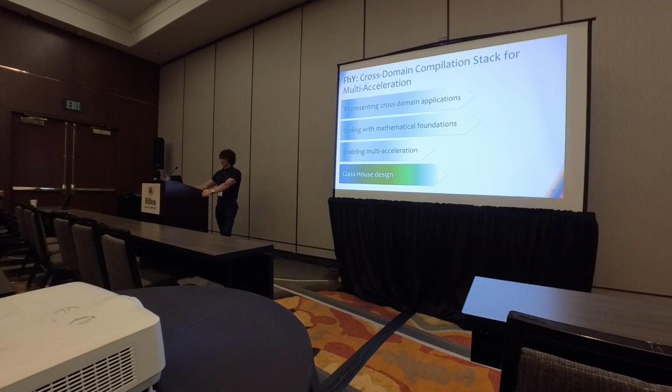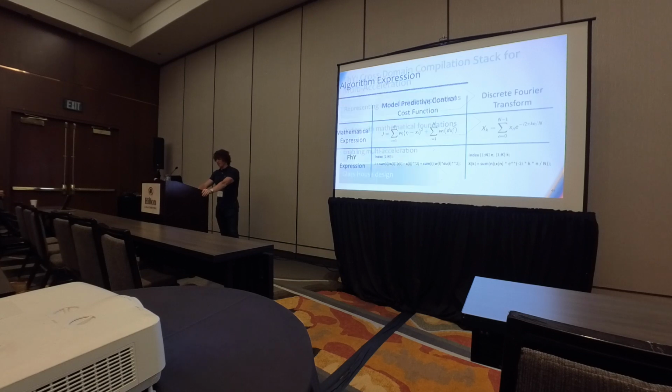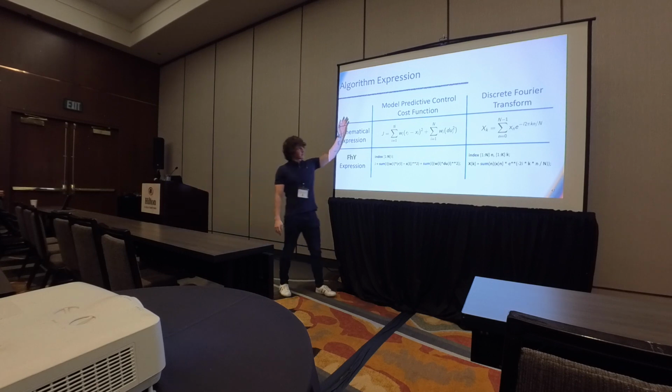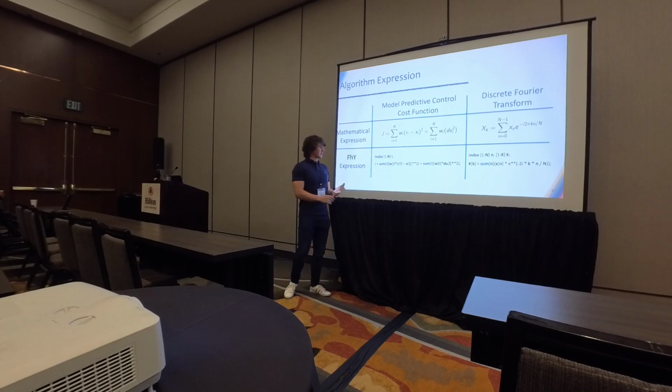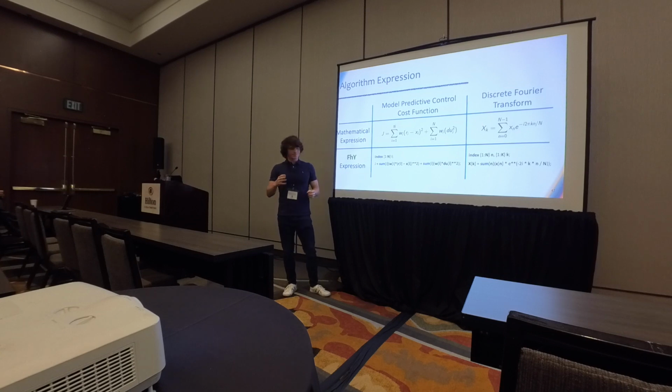What we're looking for is to represent these different applications. We want to be able to code in a familiar language, and with this project we're looking to do things very openly with the community. In terms of representing something, this is a model predictive control cost function. It's a couple of summations, and I can very naturally represent this when we use index variables.